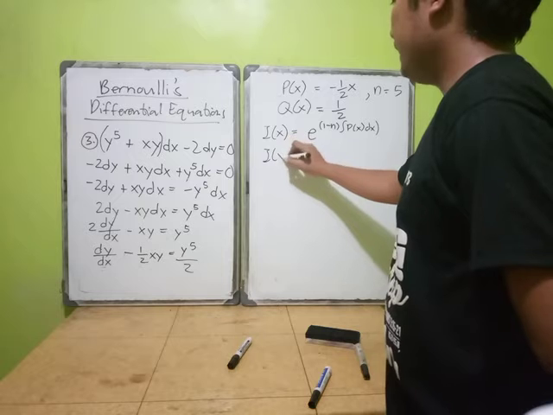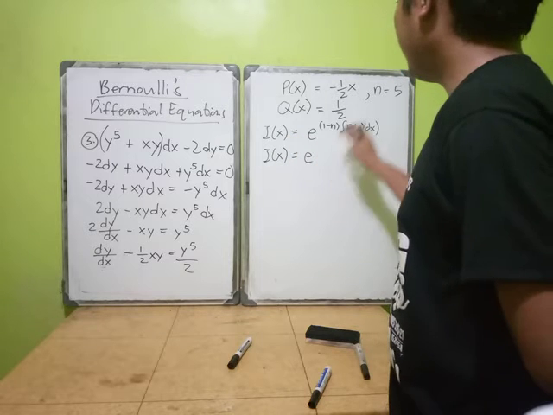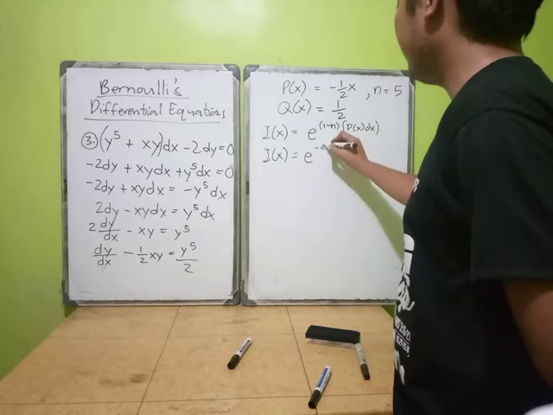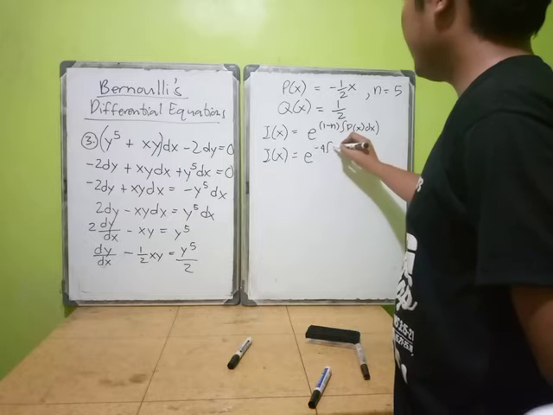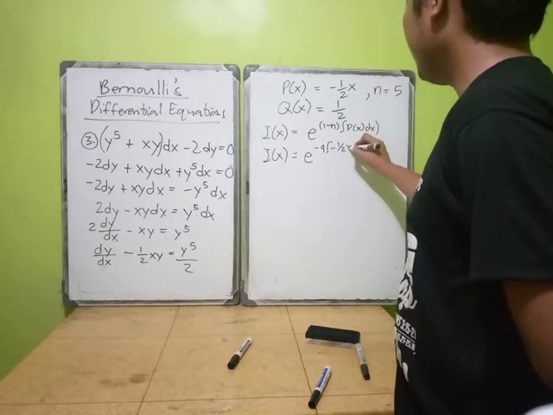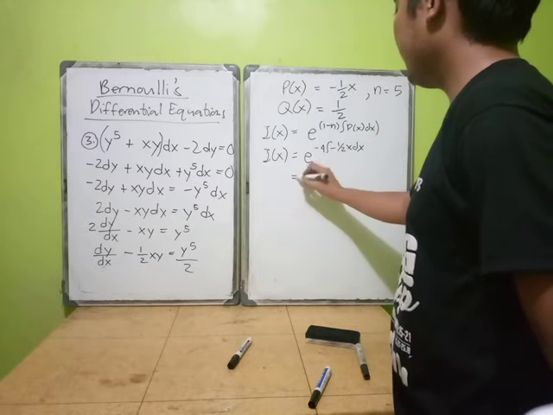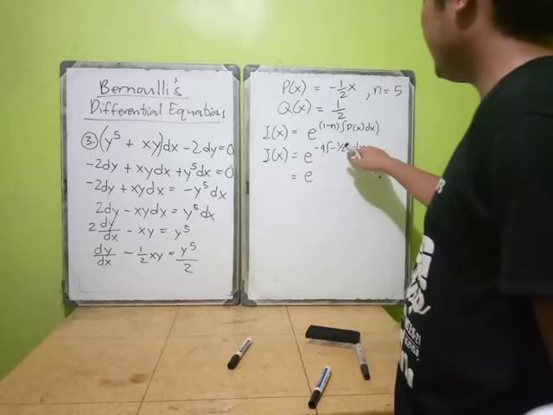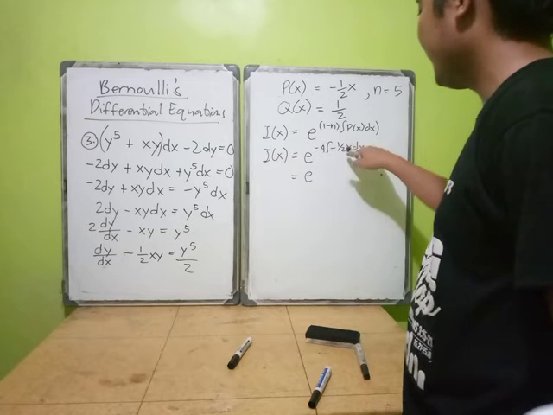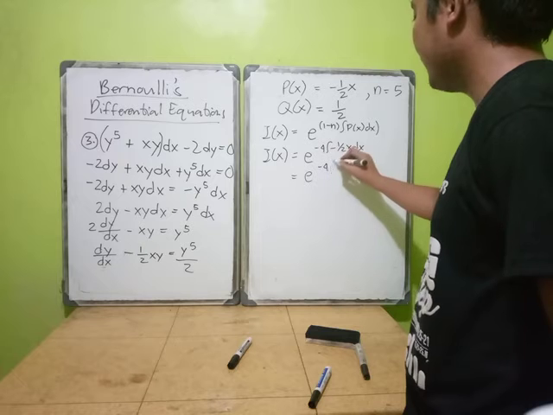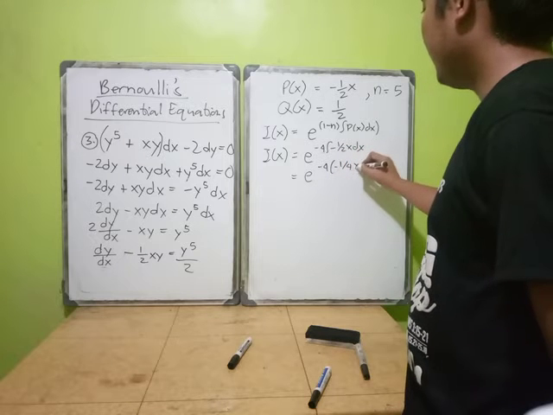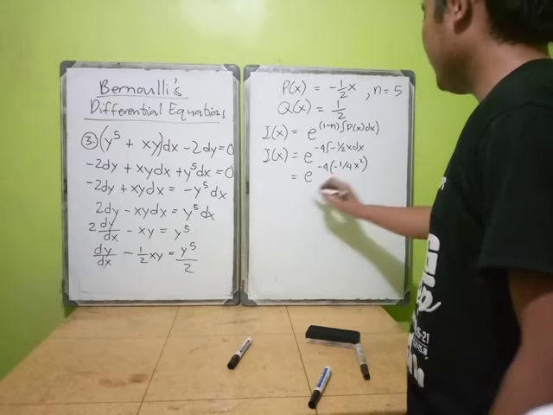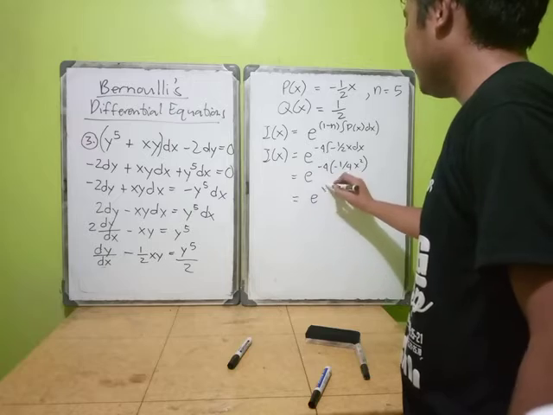So, I of x here is e to the power of 1 minus 5 is negative 4. Px natin is negative 1/2 x dx. So, therefore, yung integrating factor natin is negative 4 times negative 1/4 x squared. So, magiging ano siya? e to the x squared.